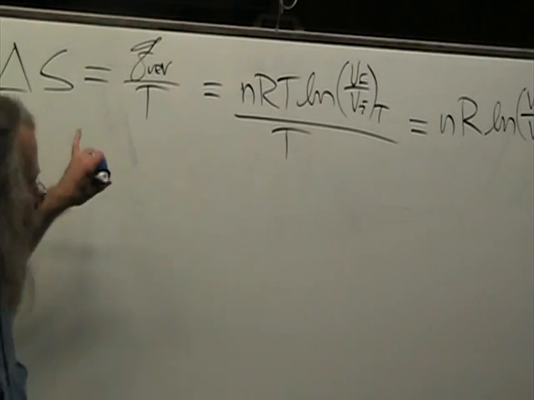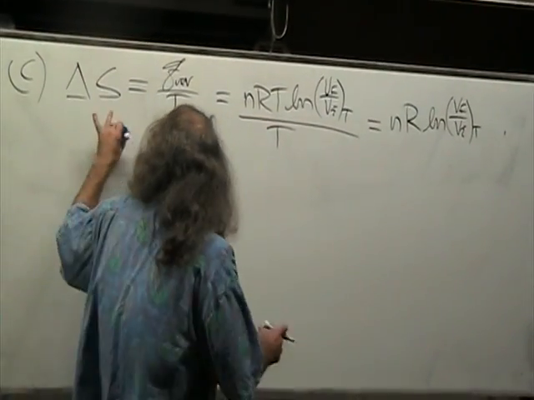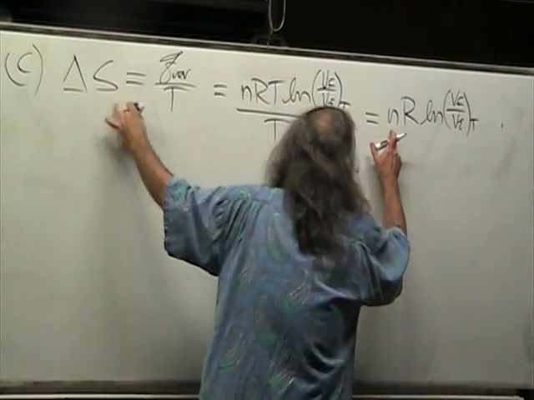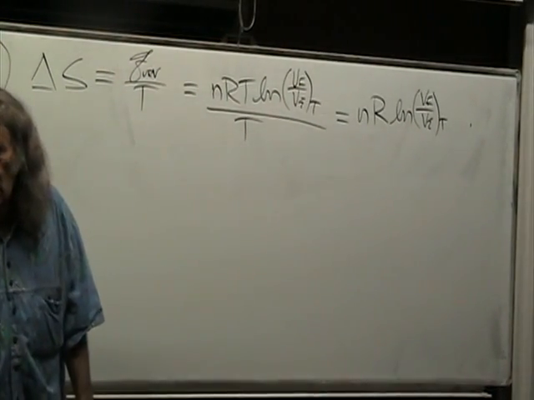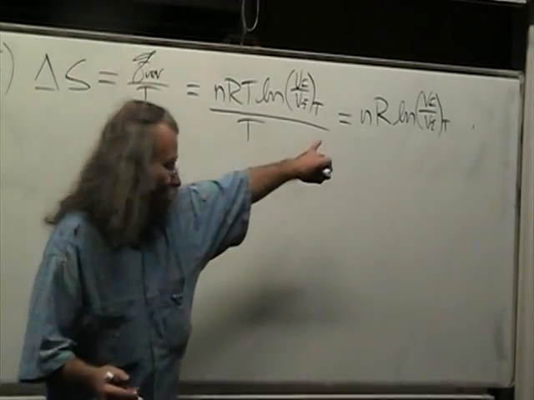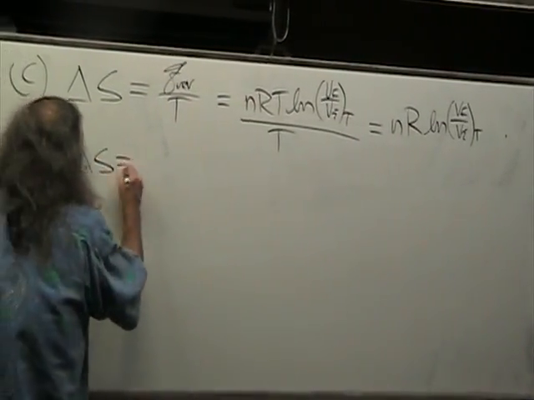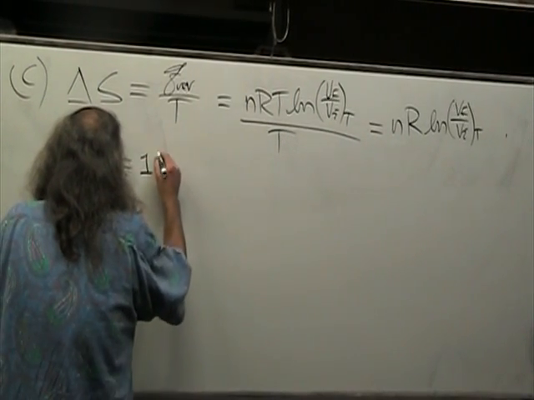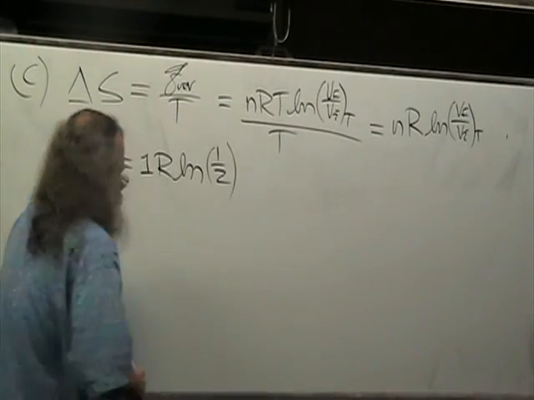Now, what you can do on the actual test, you don't need to include all this. It would be just delta S is equal to N R ln V final over V initial. And then we can just plug it in, where N is the number of moles. And delta S is equal to 1 R natural log of 1/2.